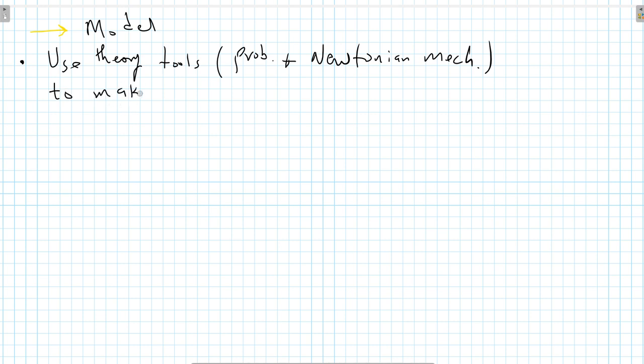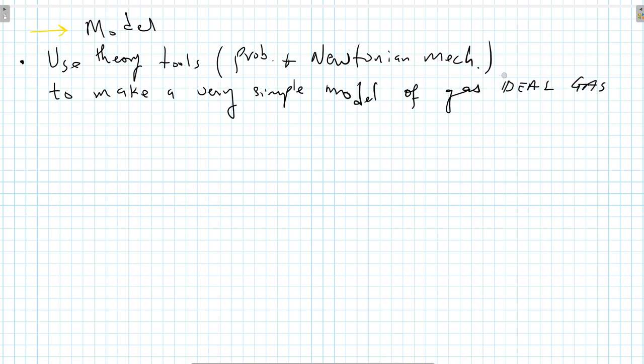A very simplified, very simple model of gas. And that very simple model of gas is going to be called ideal. So the theoretical gas to be considered is the ideal gas.